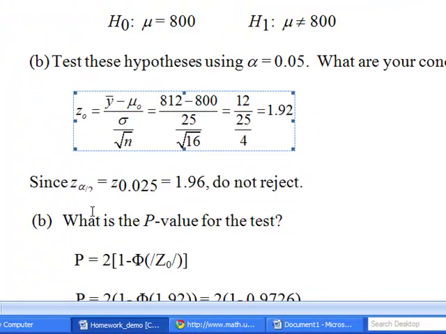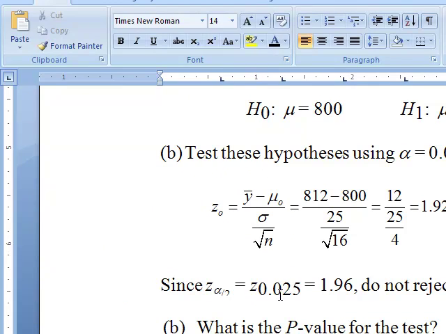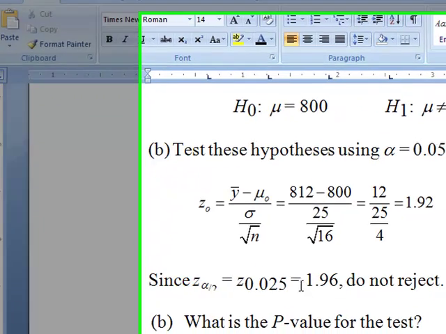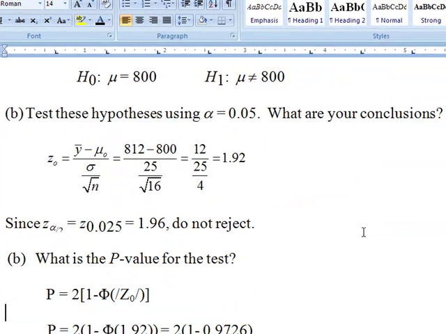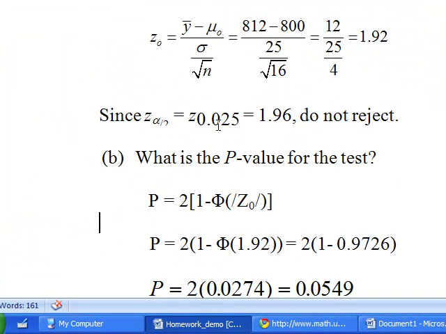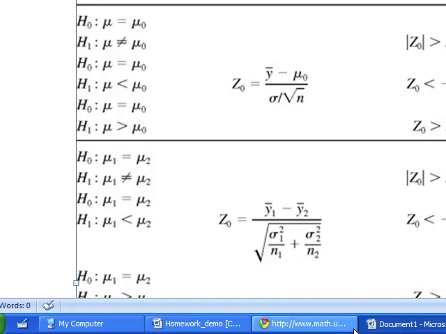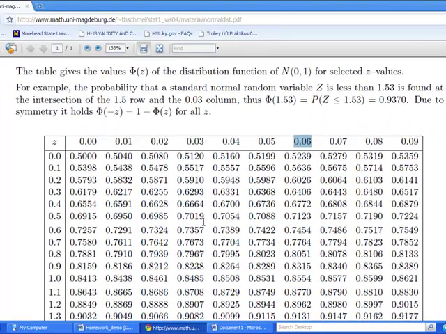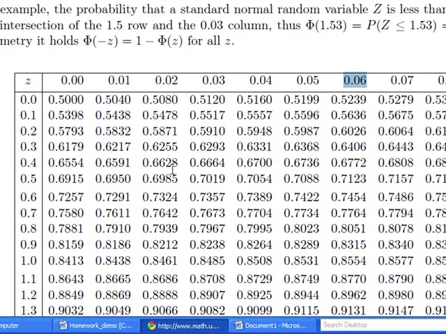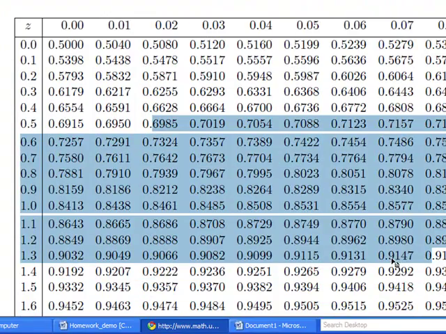Again we use the table. Alpha by 2 is equal to 0.025. If alpha by 2 is equal to 0.025, that means phi sub z is 1 minus 0.025. 1 minus 0.025 is 0.975. So we will go back to the table and we will find the value of z at 0.975 value of phi of z. So I'm going back to the table. Now we need to look at these values here and find 0.975.